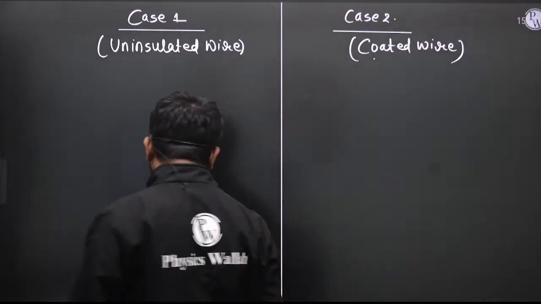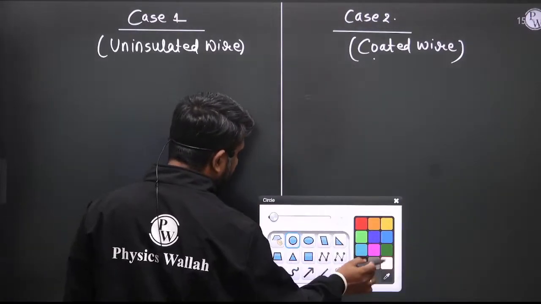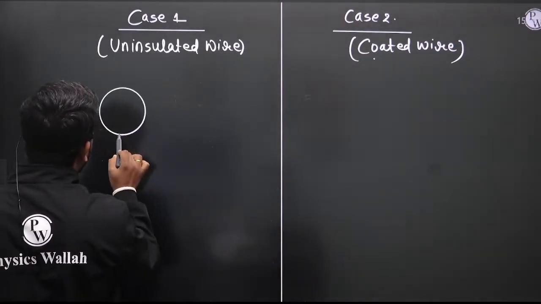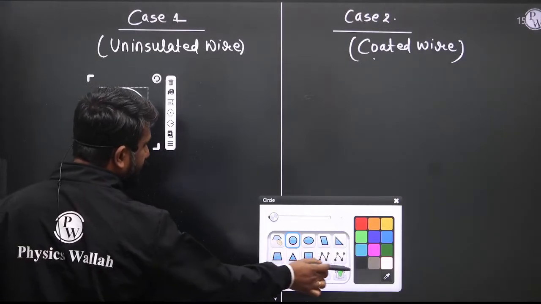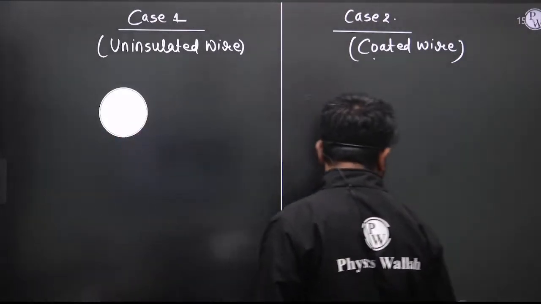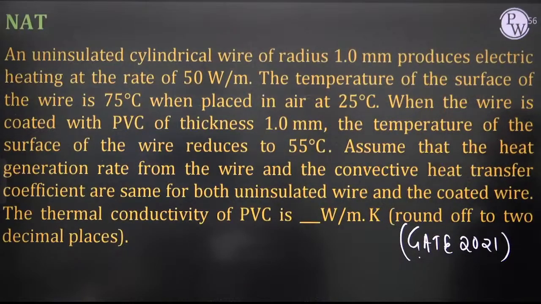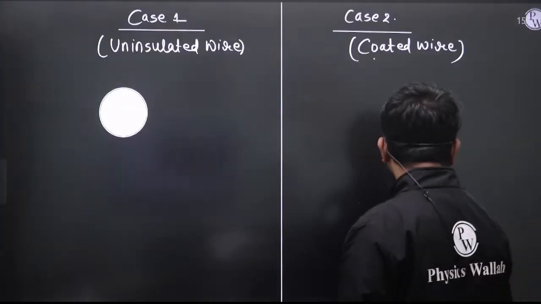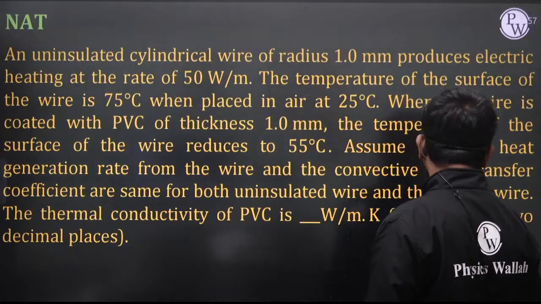Right, now this is the uninsulated wire. Let us consider this is a cross section of the uninsulated wire. The radius is 1 mm. Uninsulated cylindrical wire, radius 1 mm, produces electric heating at the rate of 50 watt per meter.